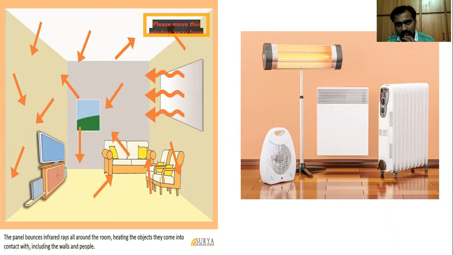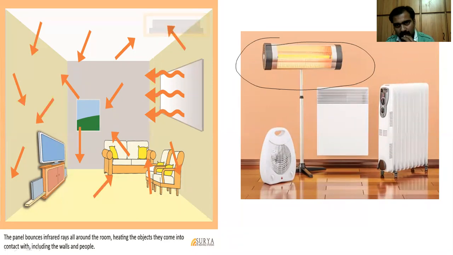So here in this figure, you can see this is a tungsten filament lamp. Here we have used the tungsten filament lamp by providing the electricity supply to this lamp. The filament lamp is going to produce the heat.